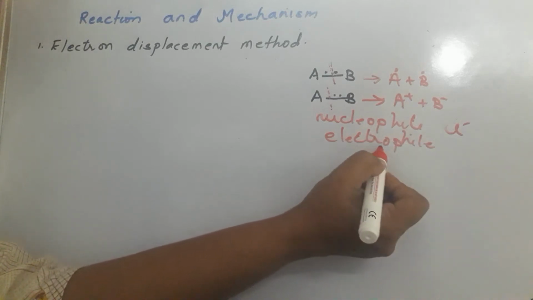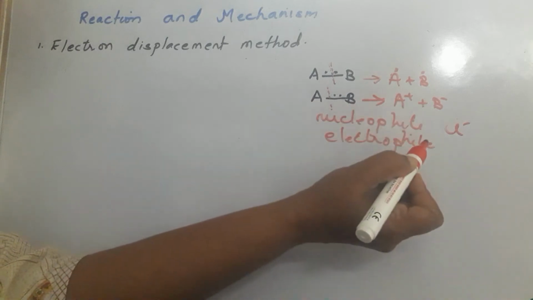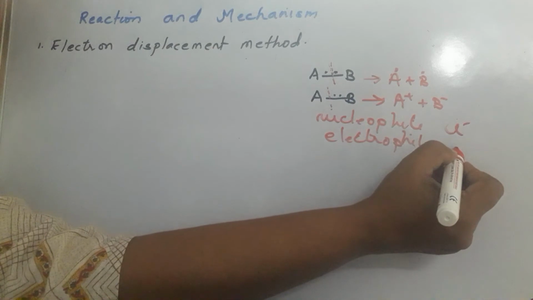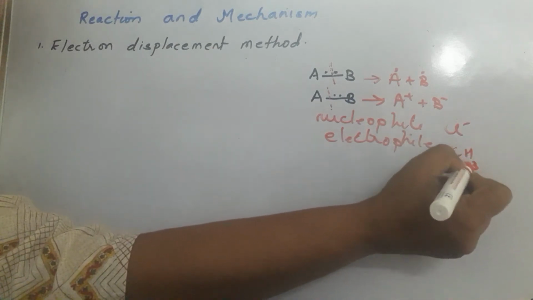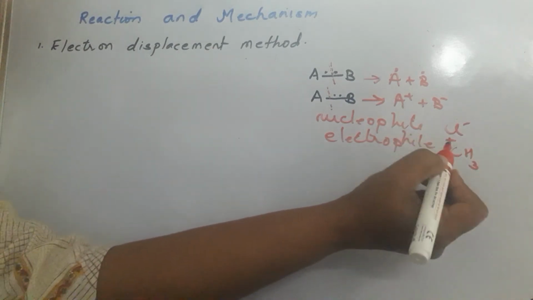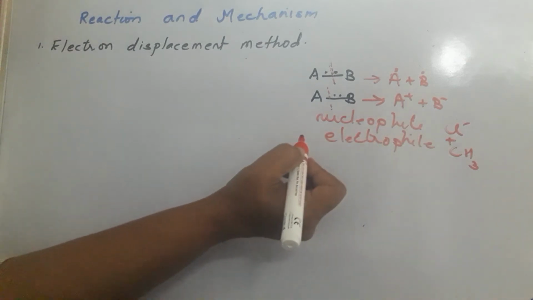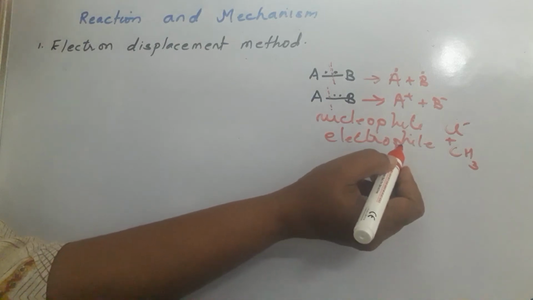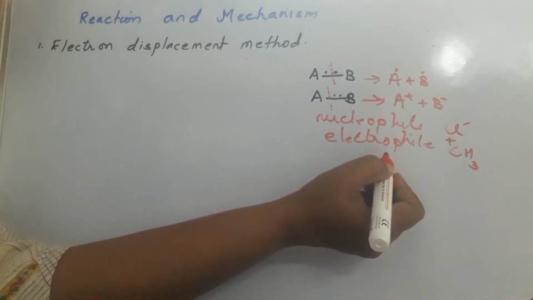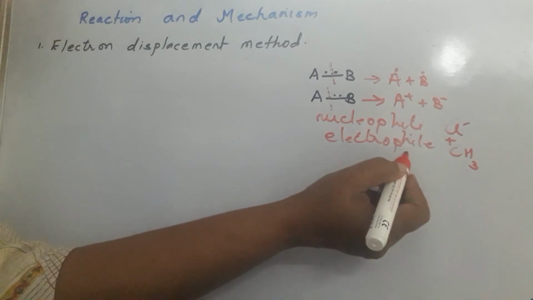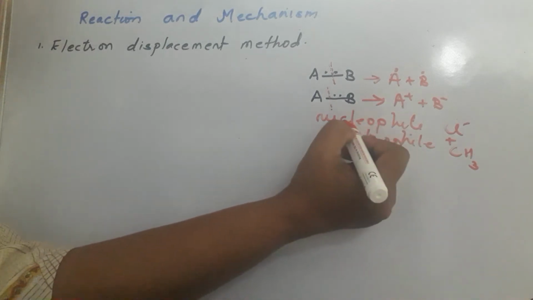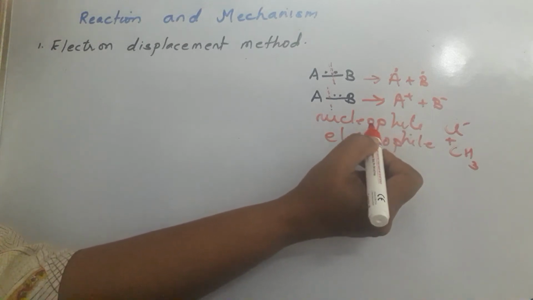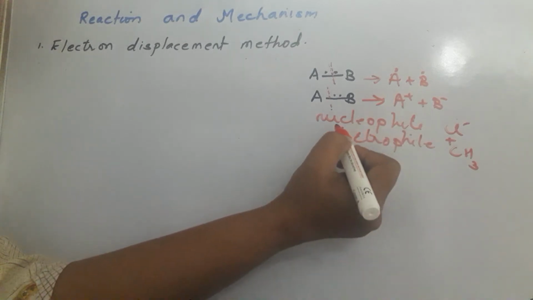They will be positively charged and have an affinity towards an electron rich center. Species which are positively charged, like CH3 plus and H plus, are electrophiles, and even neutral molecules like anhydrous ferric chloride, sulfur trioxide and aluminium chloride are electrophiles. Neutral nucleophiles include alcohol, water, amine, and so on.